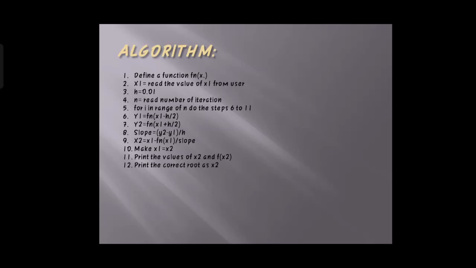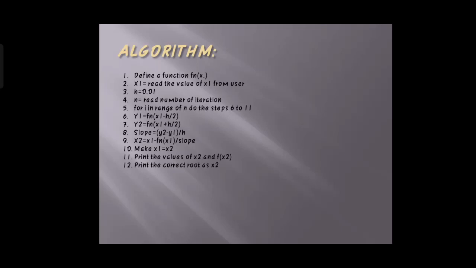And we have to read the number of iterations from the user, which is loaded in the variable n. Now a for loop is executed in which the variable i runs from 0 to n. Within the for loop, we have to do steps 6 to 11.